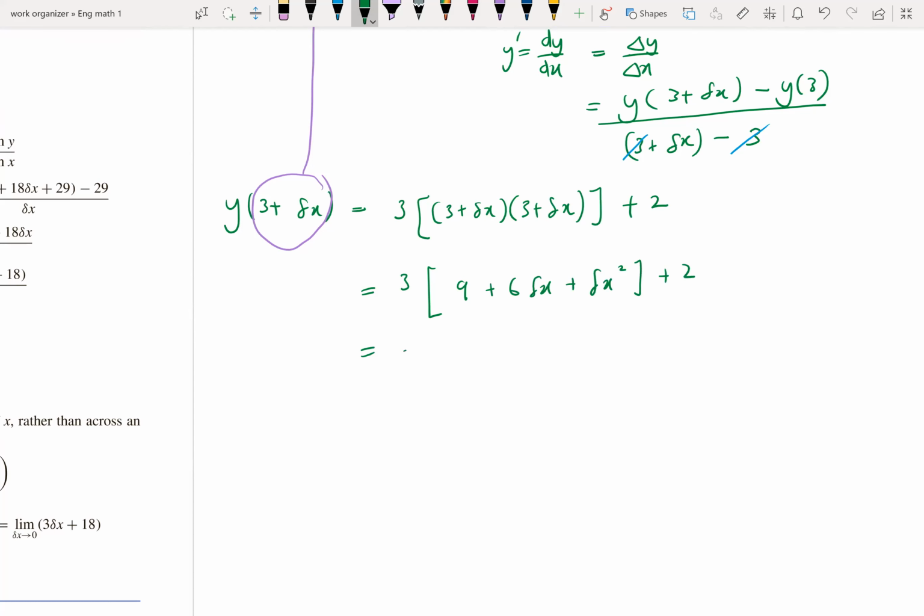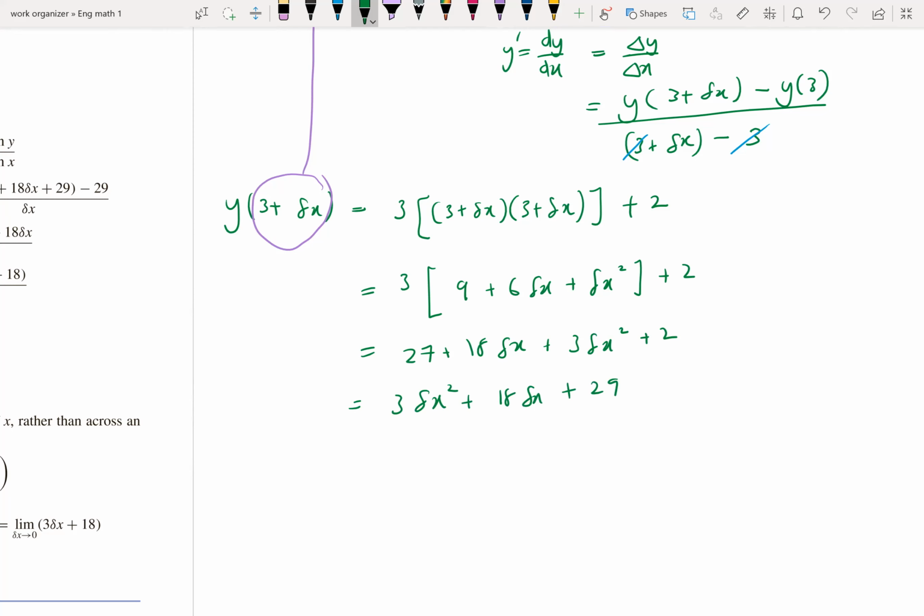So we have 27 plus 18 delta x plus 3 delta x squared plus 2. So we have 27 plus 18 delta x plus 3 delta x squared plus 2, which is 29 plus 18 delta x plus 3 delta x squared.